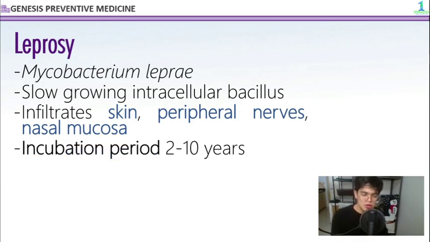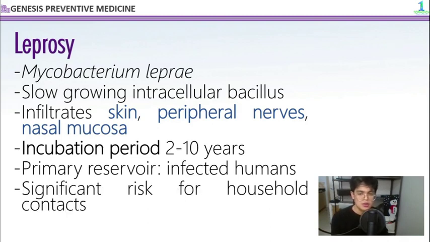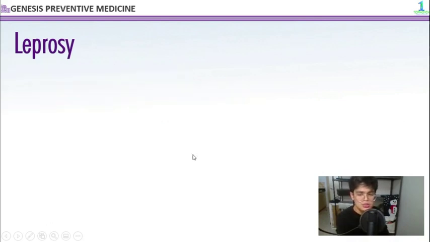Incubation period takes anywhere between 2 to 10 years. They have a very long incubation period, very long multiplication time. The primary reservoir is infected humans. So it's a human-to-human infection. Significant risk is documented specifically for household contacts of known patients known to have leprosy.